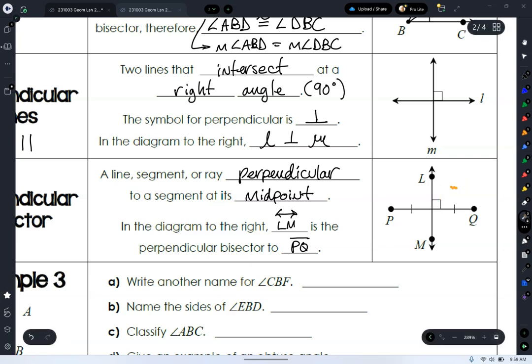How do we know it's a bisector, though? Because we have these congruent marks on each of the line segments. From P to this middle point, which will usually be labeled with a letter, and from here to Q are the same distance in length because of those hash marks, which means that this is the midpoint of PQ. Perpendicular bisector.